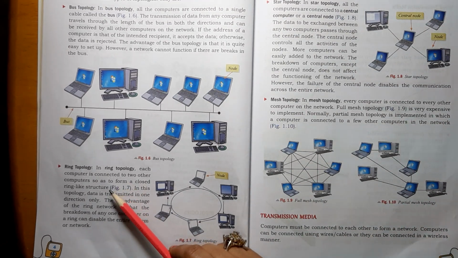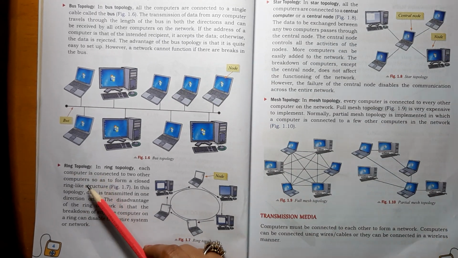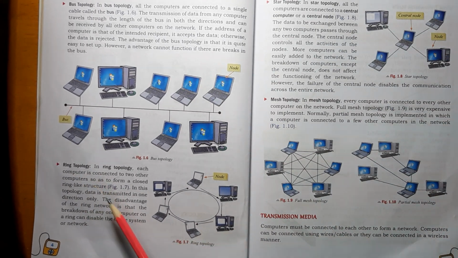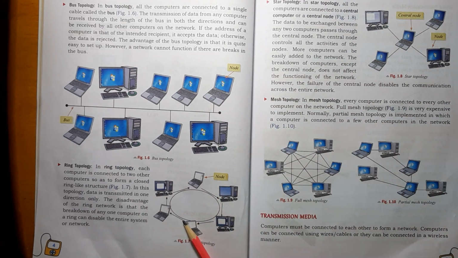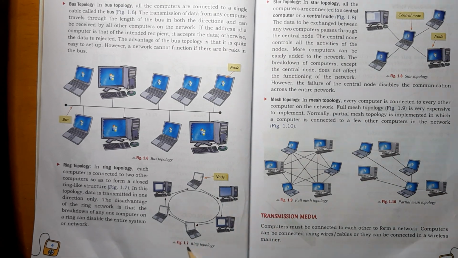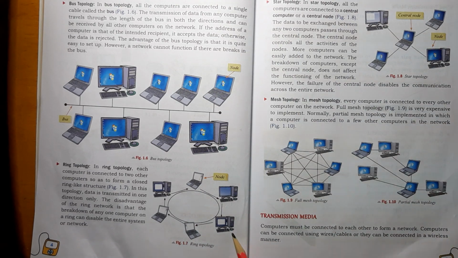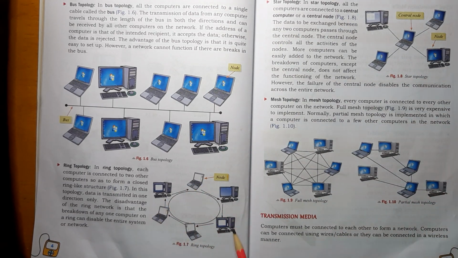The next network topology is ring topology. You can see the picture of ring topology here. Here, the desktop PCs or laptops are connected to form a closed ring-like structure.